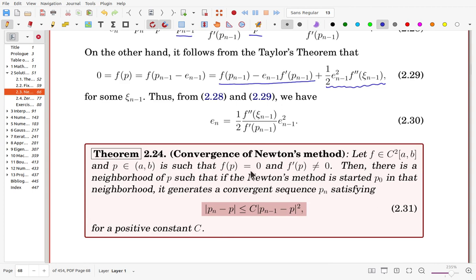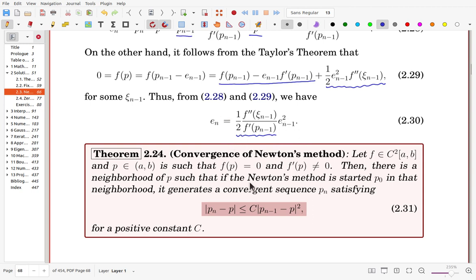Assuming f prime is non-zero, and also assuming f double prime is continuous, we may consider that this term is bounded, so that En equals some constant c times En minus 1 squared.